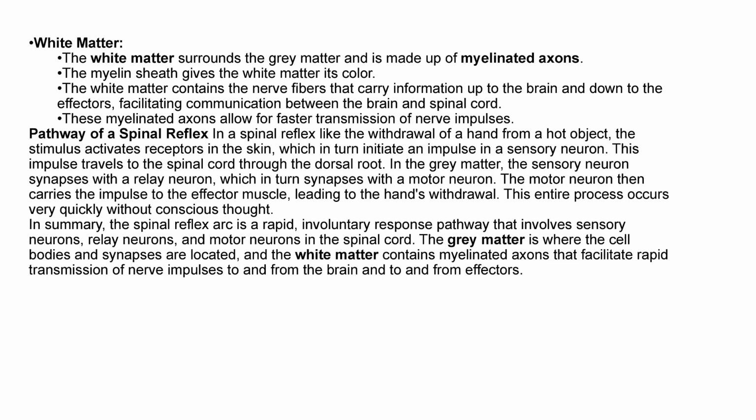The motor neuron then carries the impulse to the effector muscles, leading to the hand's withdrawal. This entire process occurs very quickly without conscious thought. So here's the summary of the spinal cord. Let's move on to the next slide.